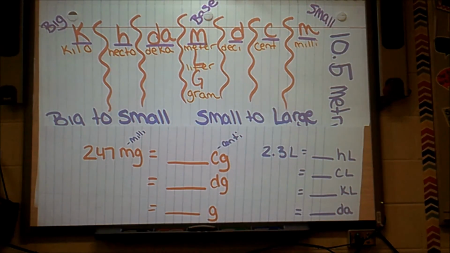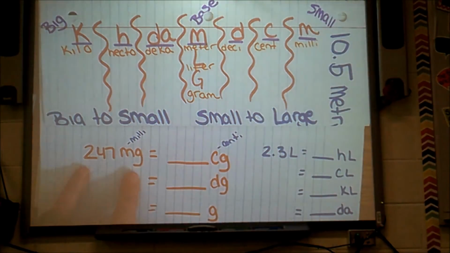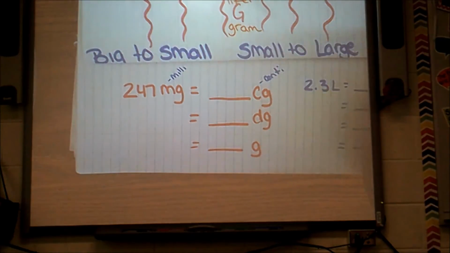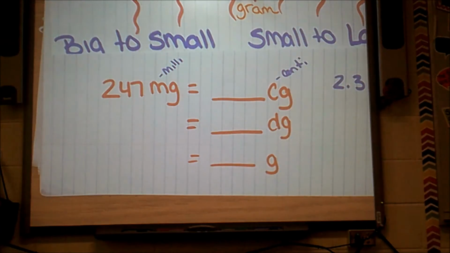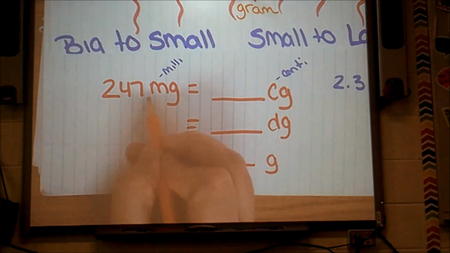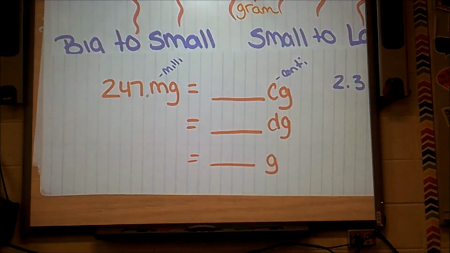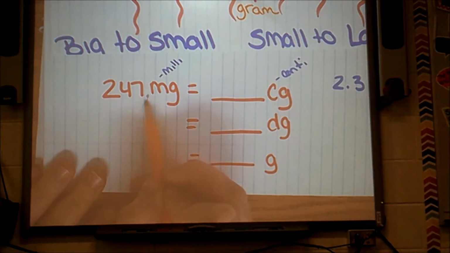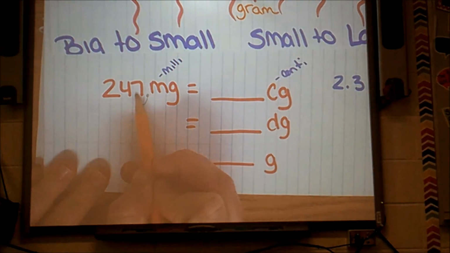So my decimal in my 247 milligrams is going to do the same exact thing. I'm going to take my decimal, which I know lives behind every whole number, and I'm going to make it jump 1 place value to the left.